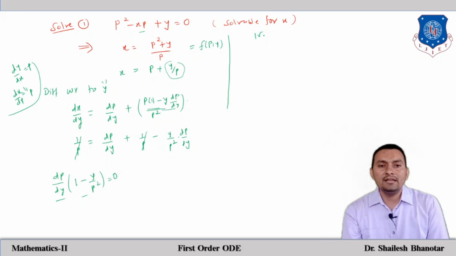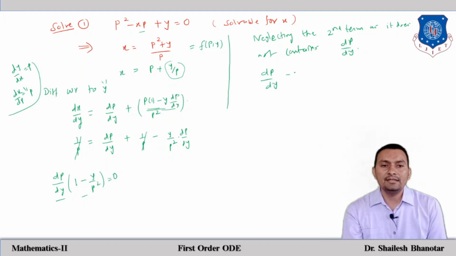That means here we are neglecting the second term as it does not contain dp by dy. So we have dp by dy equal to 0, and from this dp is equal to 0. So after integrating you can see that p is equal to c.